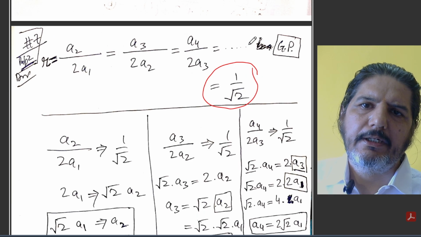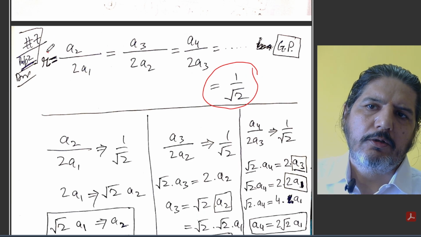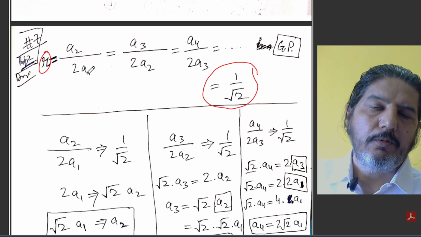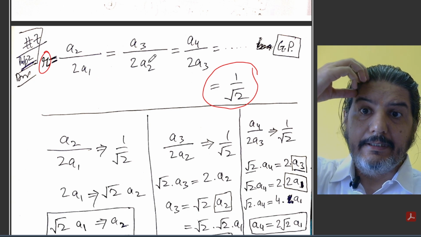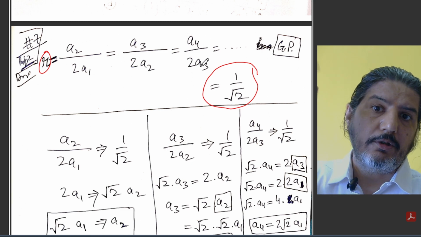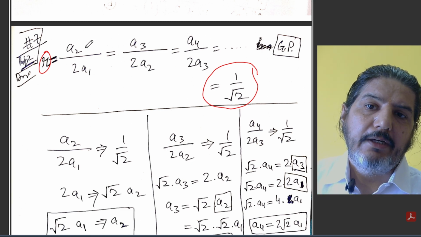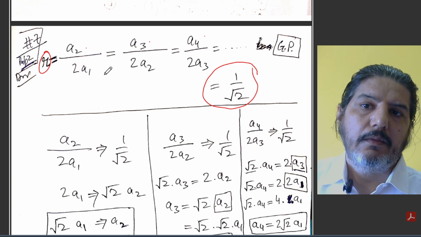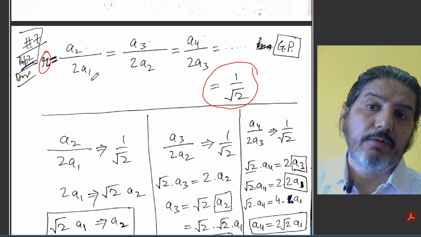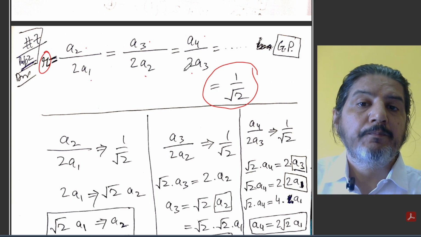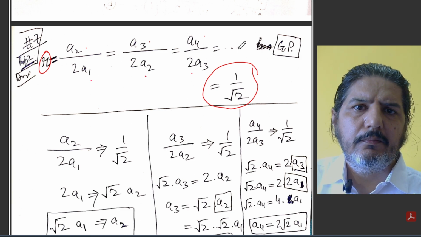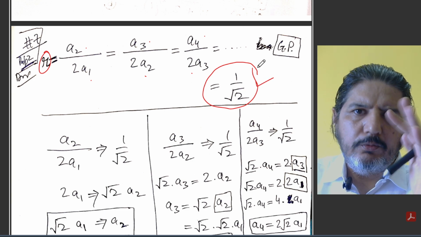The common ratio would be equal to a2 upon twice of a1, a3 upon twice of a2, a4 upon twice of a3. In the numerator you will have a2, a3, a4, and in the denominator you will have 2a1, 2a2, 2a3, and all of this will be equal to 1 by root 2.